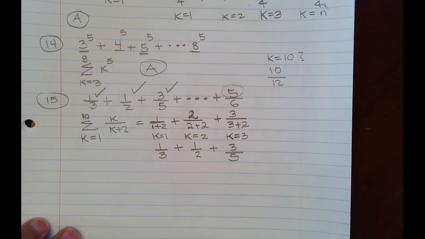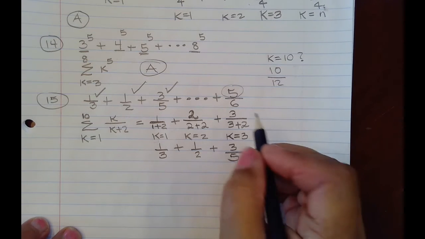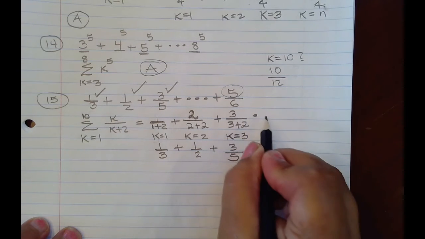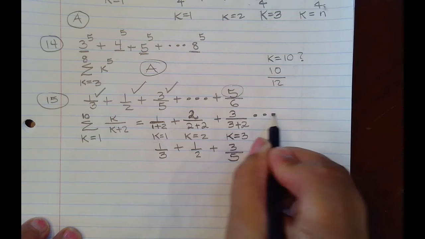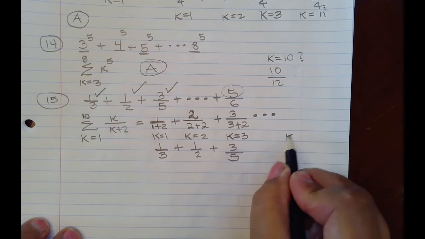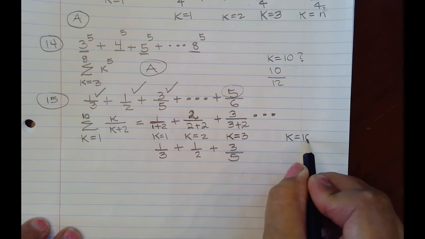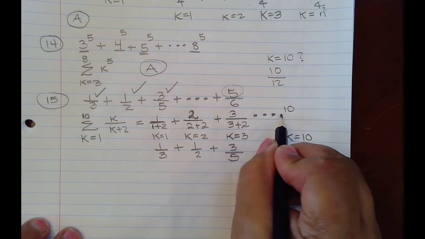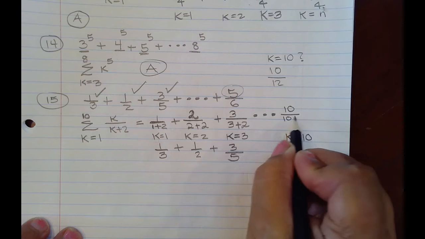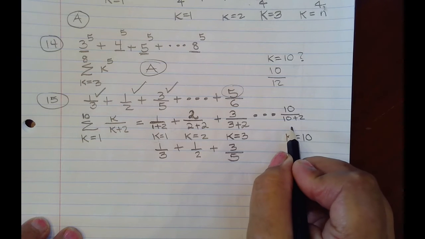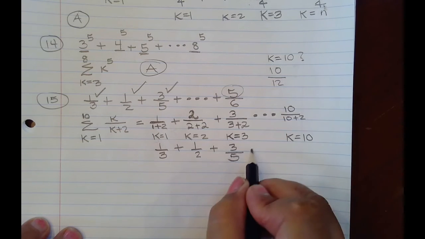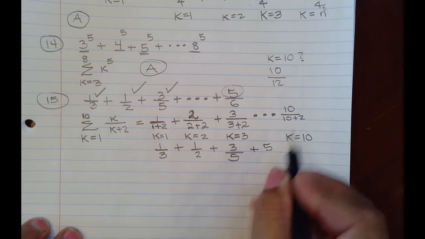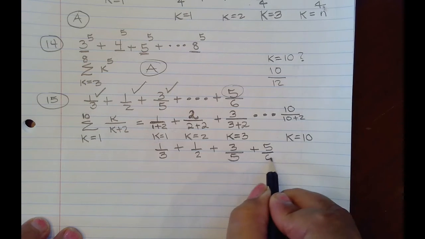When they have fractions in the problem, you have to consider what they may be in their unreduced form. So this went all the way to a k value equal to 10, which would give you 10 on the top and 10 plus 2 on the bottom, which reduces to 5 sixes. 10 over 12 reduces to 5 sixes.